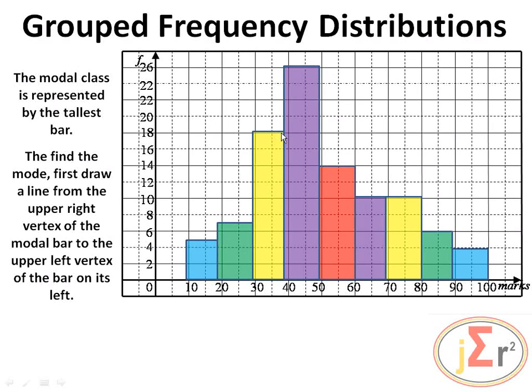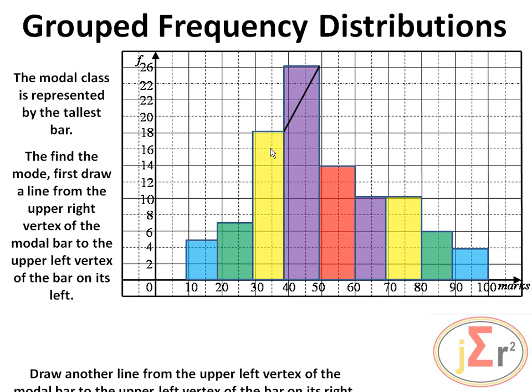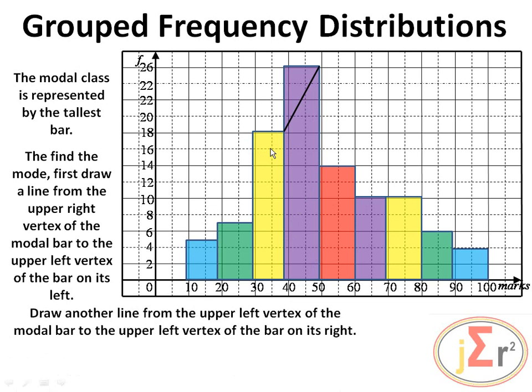It is going to come right there to the upper right vertex of the bar that is on the left, like that. And we're going to draw another line from here to there.